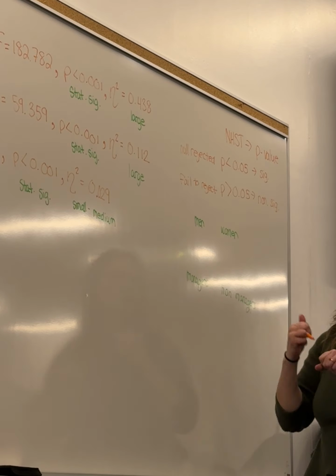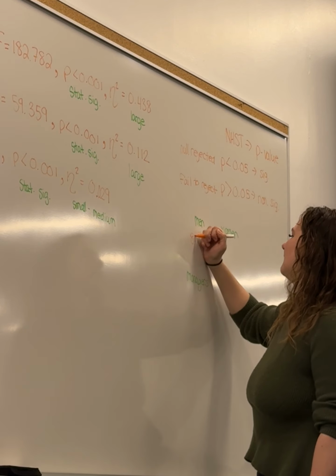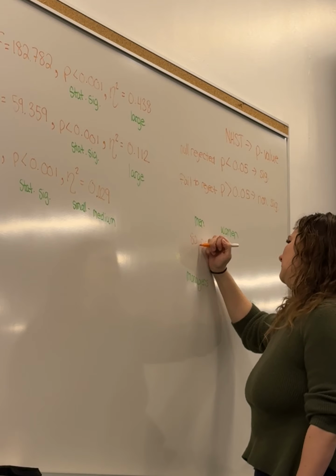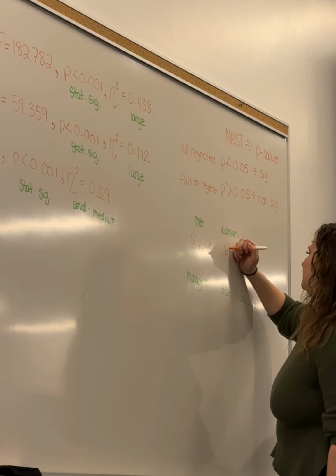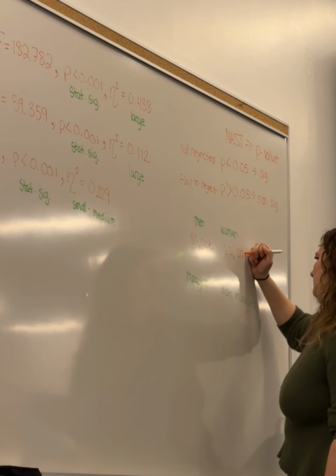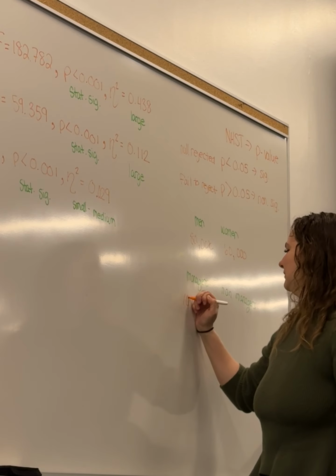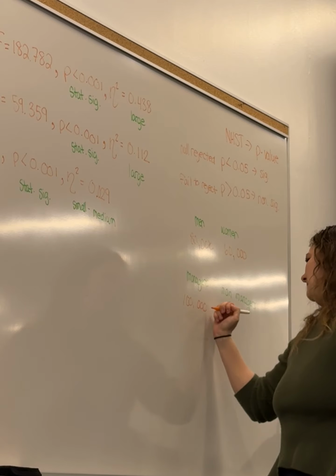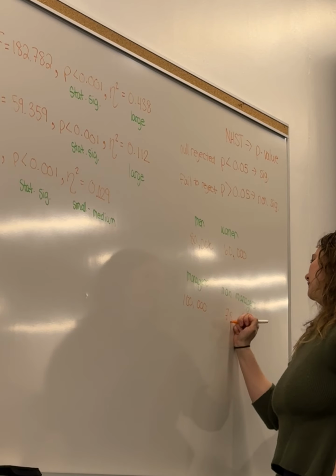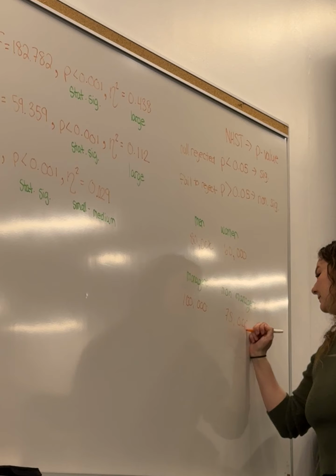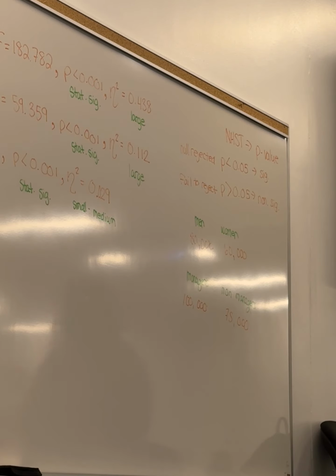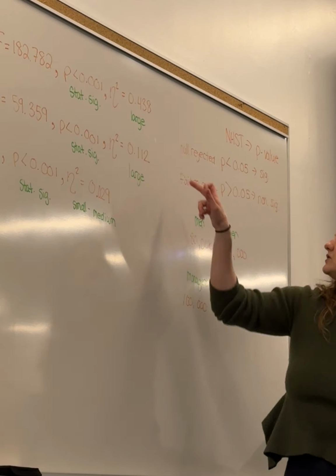In this case, we'll say men made an average of 80 grand and women made an average of 60. For managers, we'll say an average of 100 grand and then an average of 75 for non-managers. I'm literally making these numbers up in my head. You guys will have the descriptives to tell you exactly what the mean was, okay?